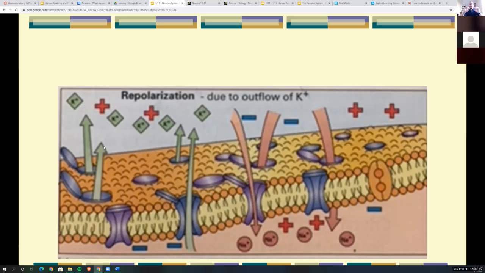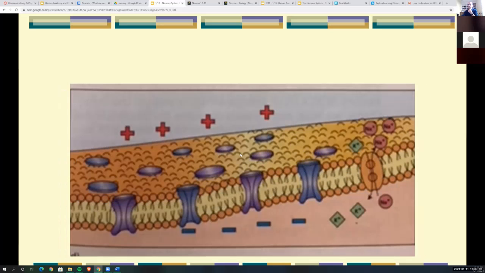So now we have tons of potassium and a little bit of sodium out there, both with a highly positive charge. It's not back to resting state yet. We call this repolarization. It's not quite polarization. And then after the wave of repolarization passes, the sodium-potassium exchange pumps get the potassium inside and the sodium, which happens to be inside, back to the outside, creating that polarized neuron, or the resting state neuron.